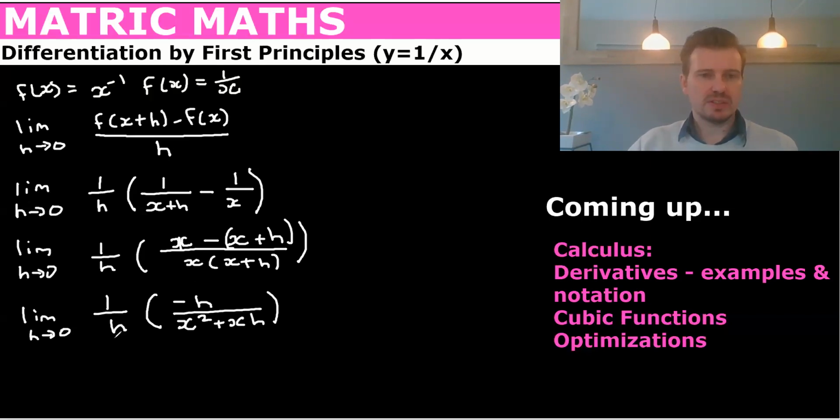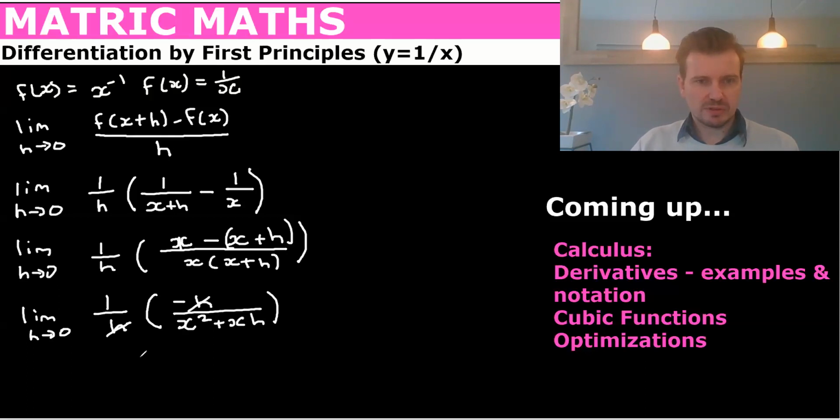Okay, now what happens is these two cancel. And so we're left with limit as h tends to 0 of negative 1 over x squared plus h. And now we can put in our h as 0. So we no longer write h tends to 0. We just substitute in 0 for h.